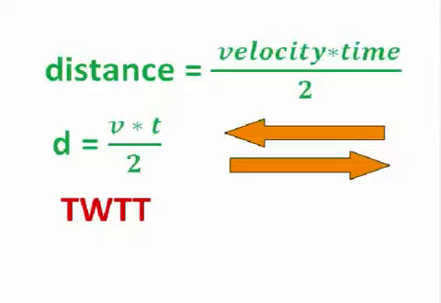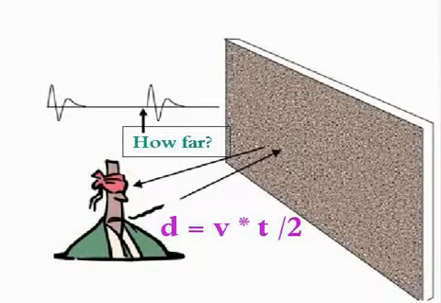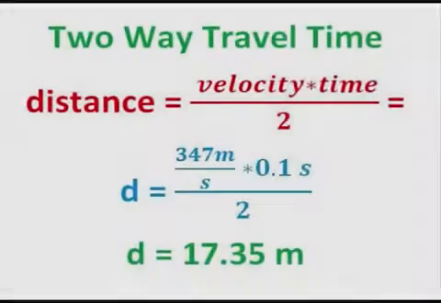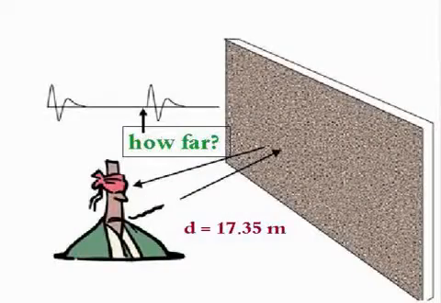Therefore, putting his numbers into the formula, he writes d equals velocity times time divided by 2 equals 347 meters per second times 0.1 second divided by 2 equals 17.35 meters. The blindfolded geoscientist now knows he is 17.35 meters from the wall.